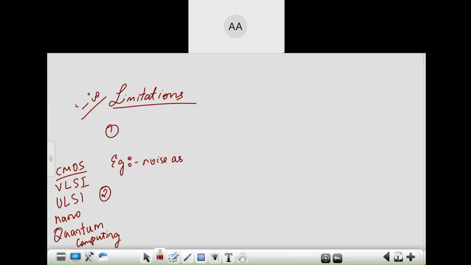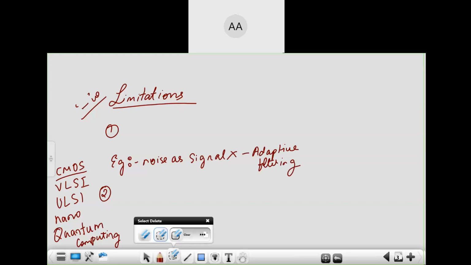What Shiv Shankar told also, considering noise as a signal, will not happen if you consider adaptive filters. I told you, right? You can use adaptive filtering. By using this, there will not be any noise which will be considered as a signal.